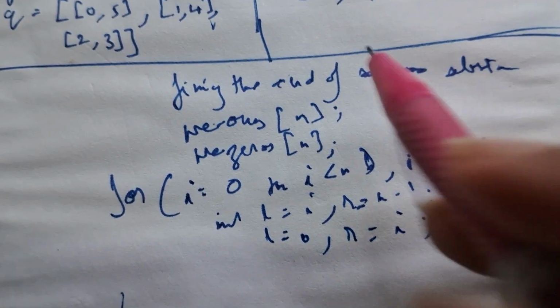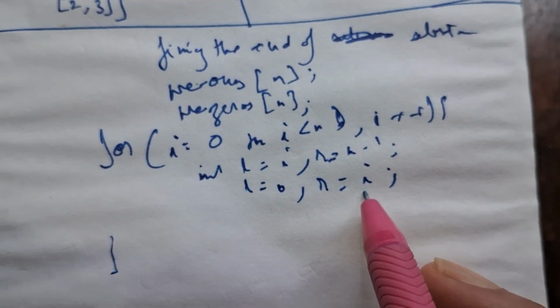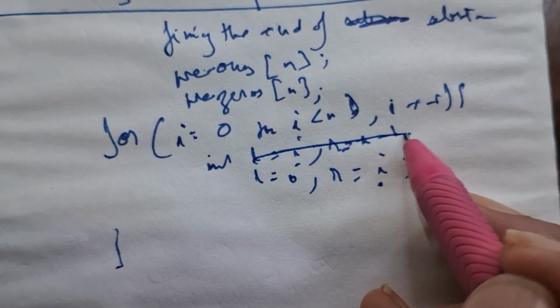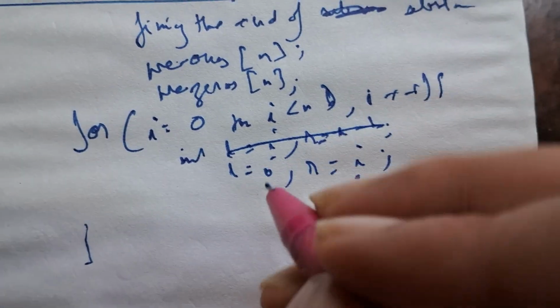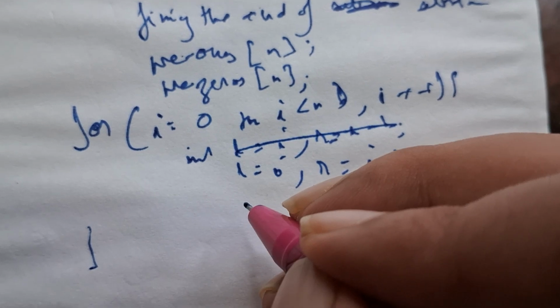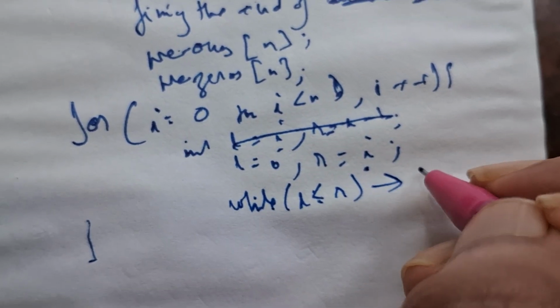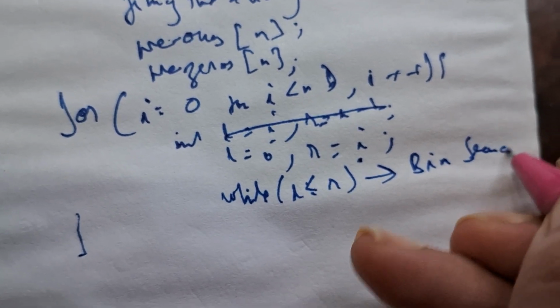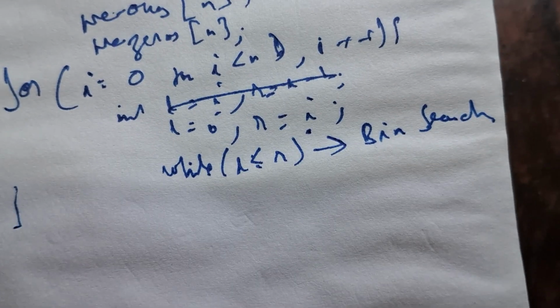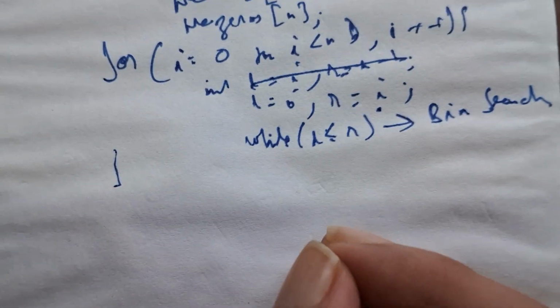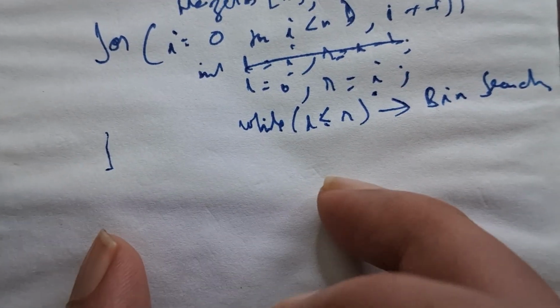Whatever I told you basically, you can either fix the end or you can fix the beginning, but since I'm going to teach you by fixing the end, you can check for all the elements with L less than or equal to R. You're going to perform a binary search and find the first element till which this is a valid substring.